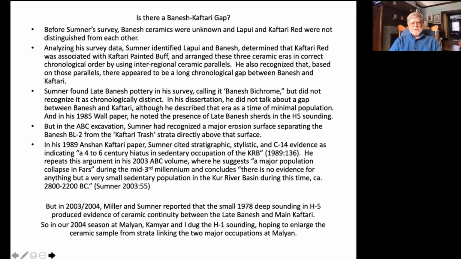We wanted to get a better ceramic sample from that era and find out if there was a gap in the occupation, a gap in the ceramic sequence, or if there was some level of continuity between them. So that was the focus of our work there.